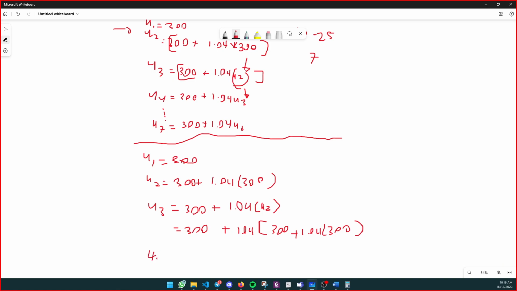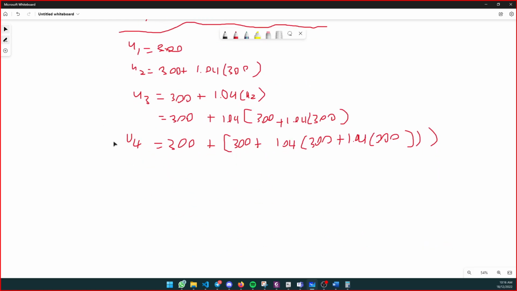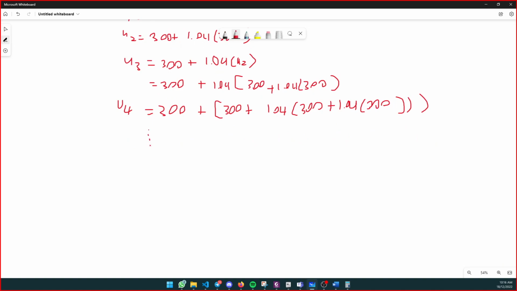Then U4 equals 300 plus 1.04 bracket 300 plus 1.04 bracket again 300 plus 1.04 times 300, and so on and so forth. When you have this recurring pattern, you can sum it up into something easier, the summation formula, if you remember that. The summation formula will look something like this.